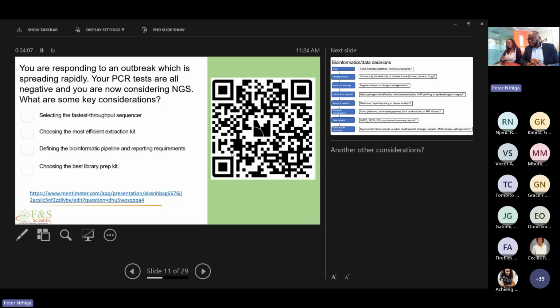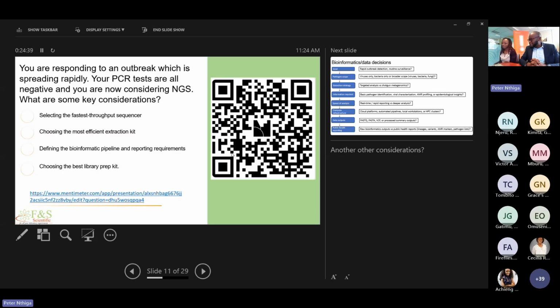Selecting the fastest throughput sequencer, okay. So remember, this is an outbreak situation. You want to quickly report your findings, so your reports. Just a hint, there can be more than one correct answer. So all those apply, okay.